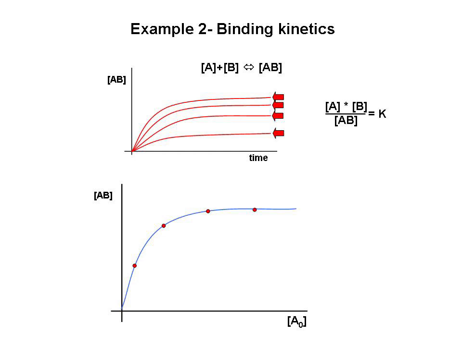So you have to be careful. The graphic on the top shows the time-dependent change of the concentration of the AB complex. The graphic below shows the equilibrium points for the initial A0 concentration and the resulting equilibrium concentration of the AB complex.